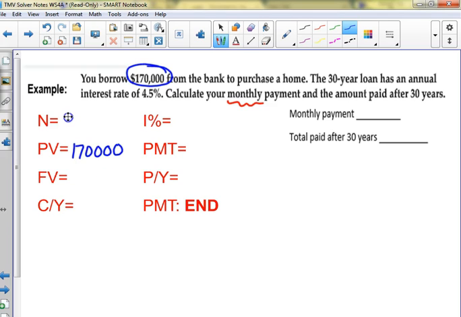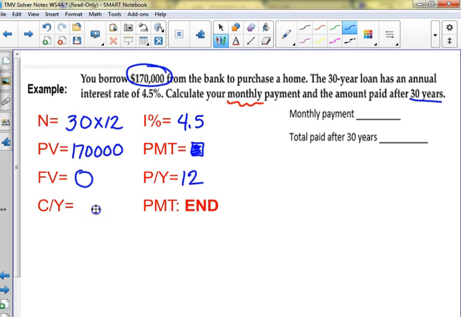N is going to be 30 times 12, because it's 30 years of monthly payments. Okay? The interest rate is going to be 4.5. The payment is what we're trying to find, so that's where we're going to put our cursor. The future value is zero, because you want to know at the end of 30 years that it's paid off.